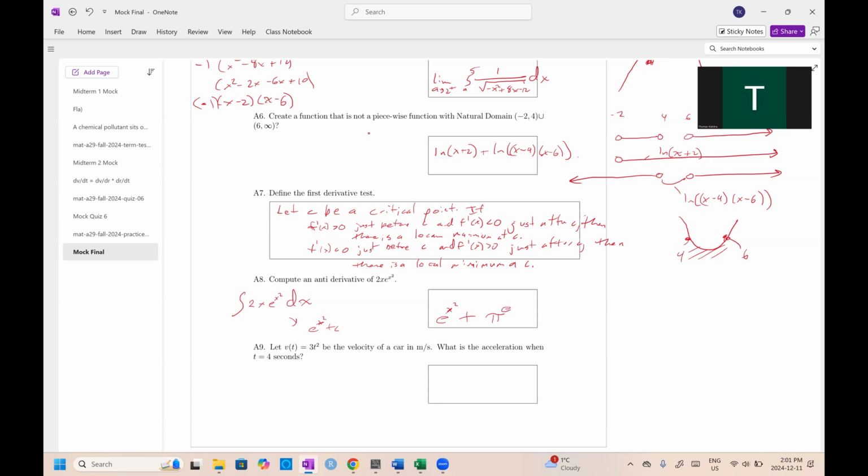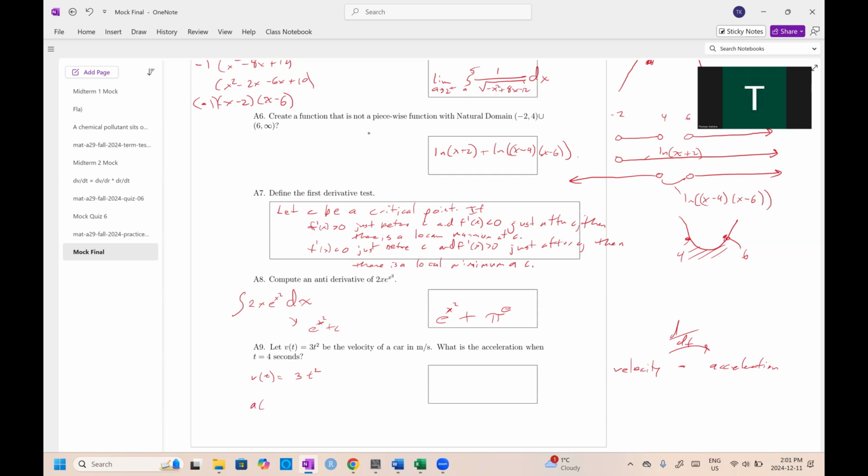Okay. A9, we're given the velocity of a car. What is the acceleration? Well, v of t equals 3t squared. Remember our discussion earlier where we said that to go from velocity to acceleration, we take the derivative with respect to time.